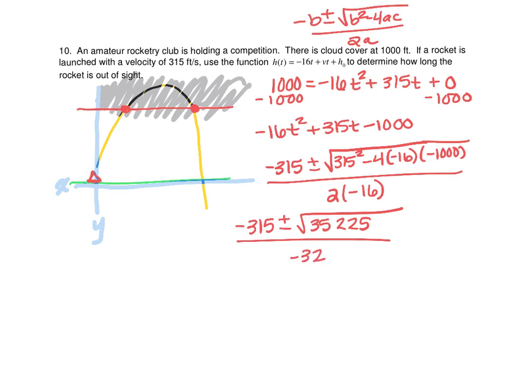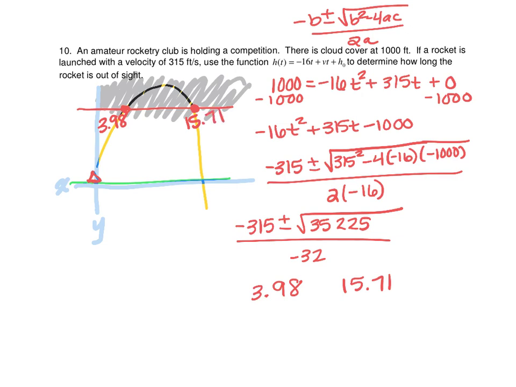And when I add that, I get 3.98 seconds. And when I subtract it, I get 15.71 seconds. So at this point, it's at 3.98 seconds. And at this point, it's at 15.71 seconds.